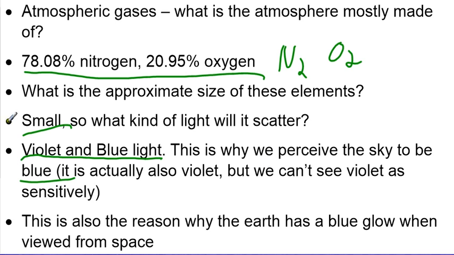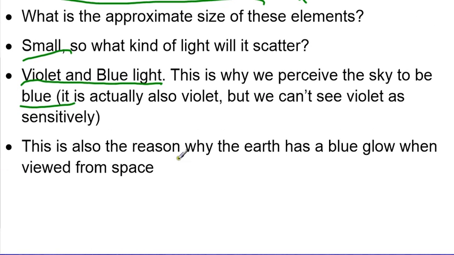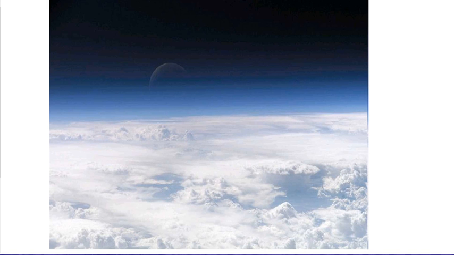And also, if you've ever seen pictures of the Earth from the moon, you'll see a blue glow emanating from the Earth like this. So this is going to be primarily composed of oxygen and nitrogen for the atmosphere, and it's scattering the blues that we typically see better.